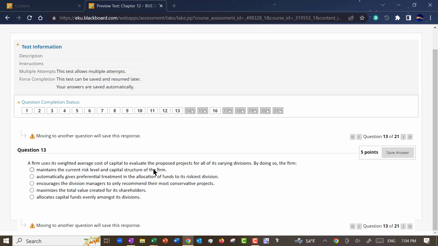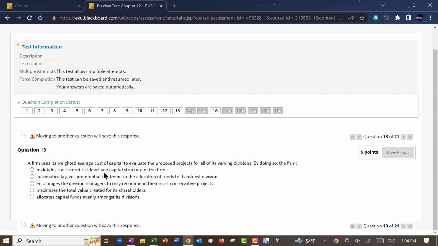But if you use the same rate for all of the projects, that means you're using a rate that is much smaller than it should be for risky projects. So you're a lot more likely to accept risky projects, and you're using a rate that is too high for projects that are less risky than the firm. So you're more likely to accept riskier projects.